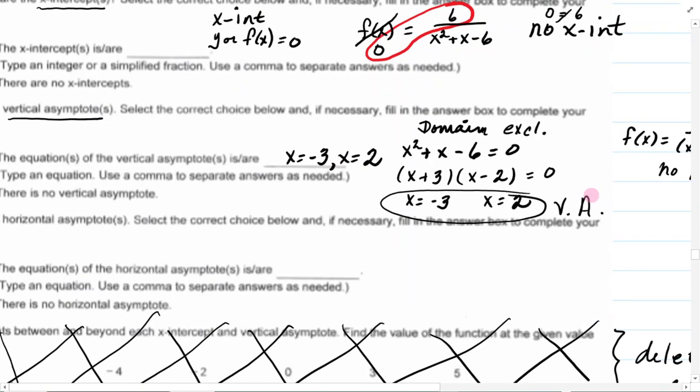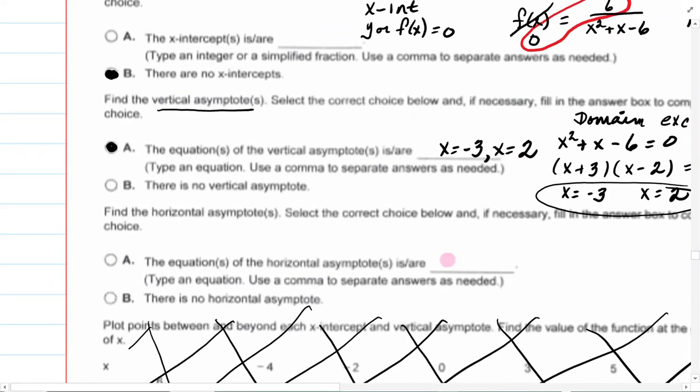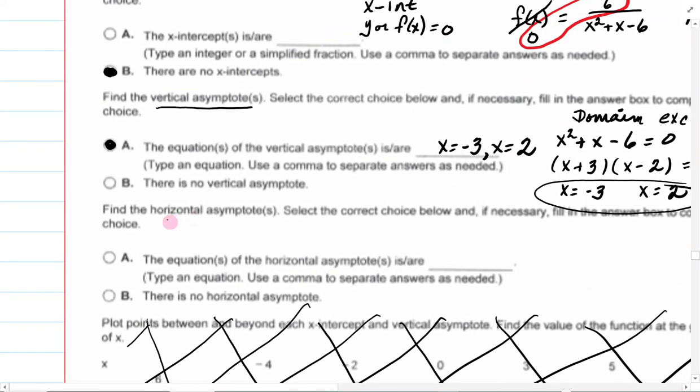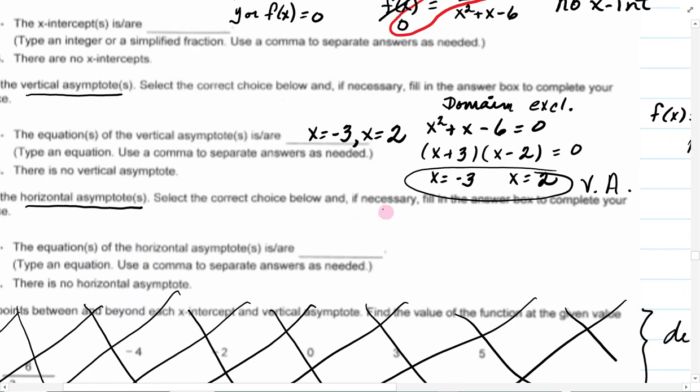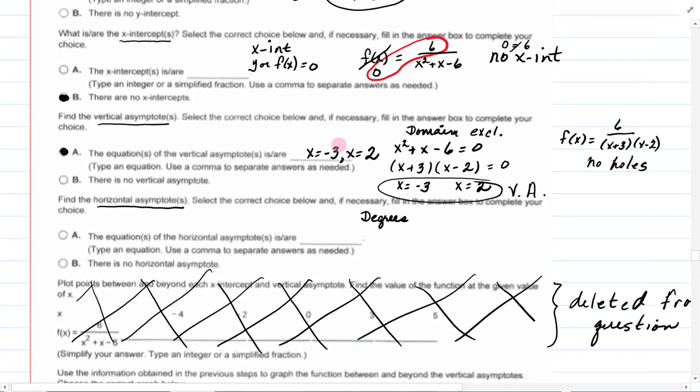The last part is horizontal asymptotes, and I hope you remember that when we do horizontal asymptotes, we need to think about degrees. All right, I have f of x is equal to 6 over x squared plus x minus 6.